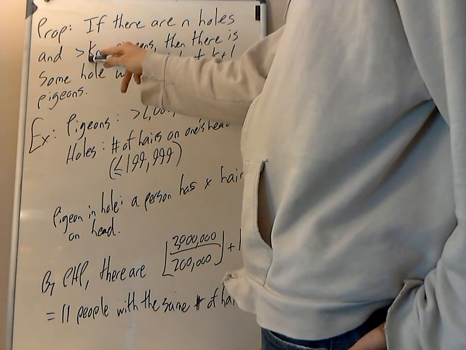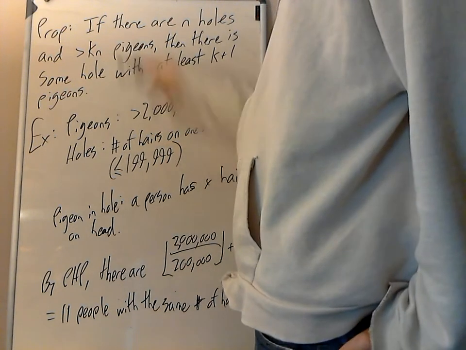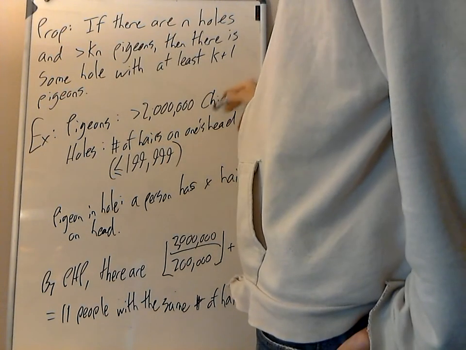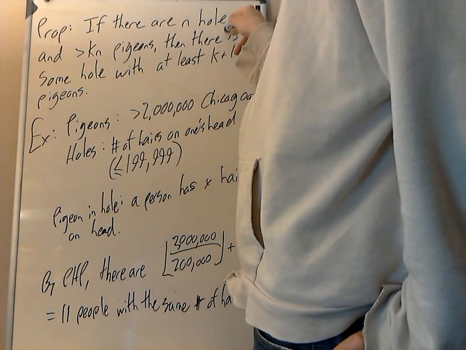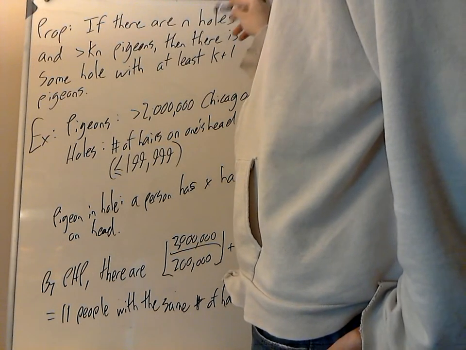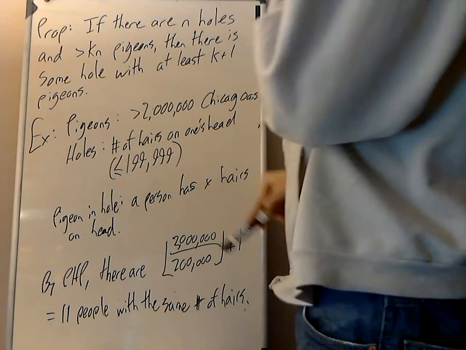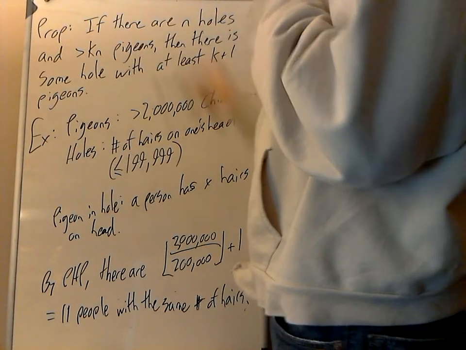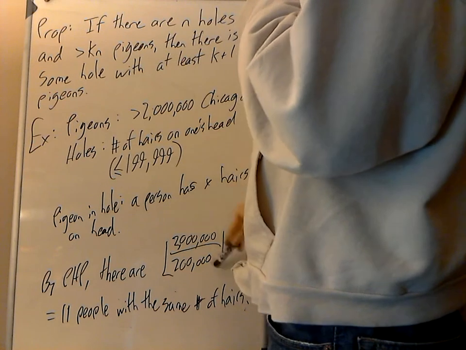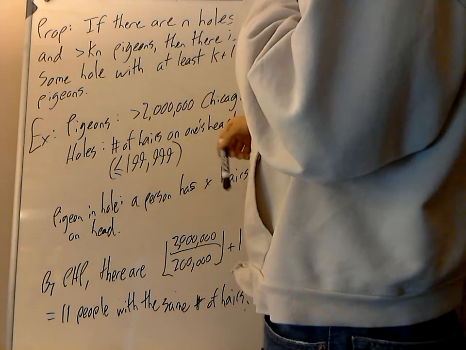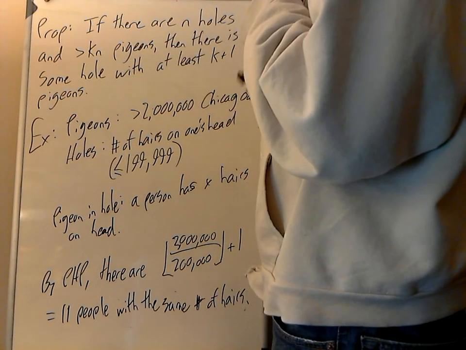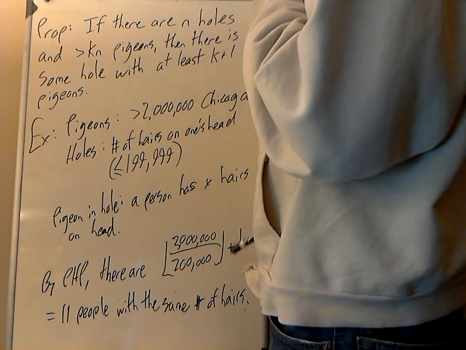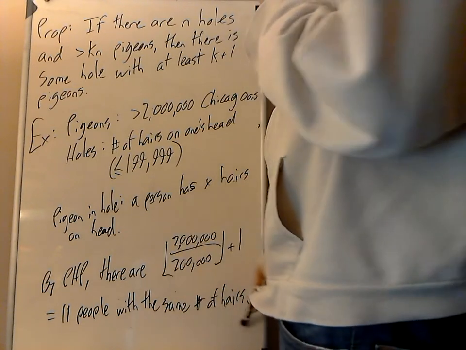So in this case, our k is 10 and our n is 200,000. Since there are more than 2 million pigeons and 200,000 holes, and 10 times 200,000 is 2 million, we know that there are at least 11 people with the same number of hairs.